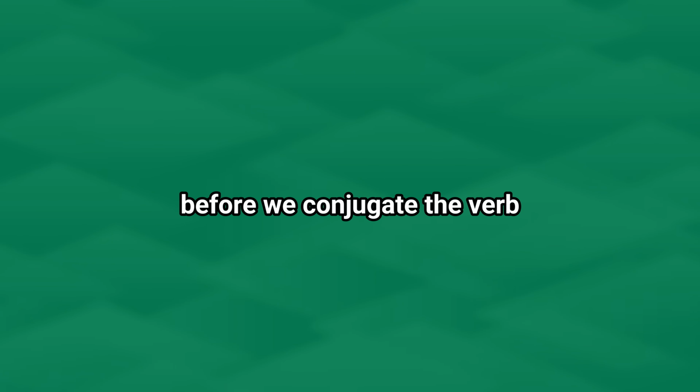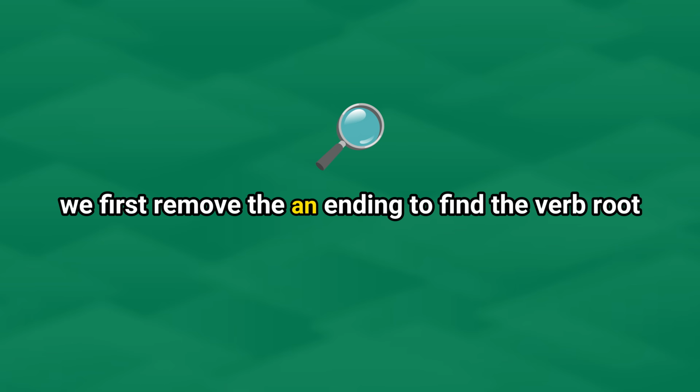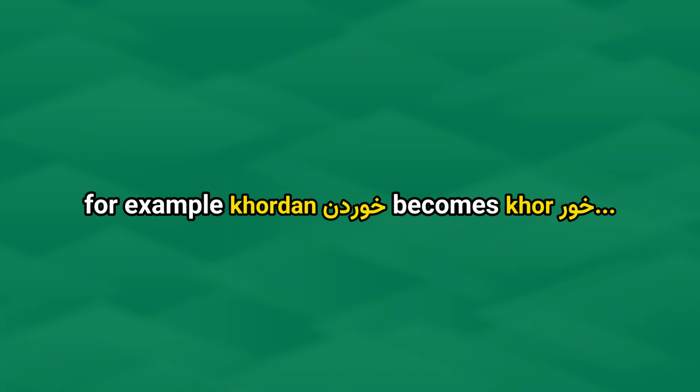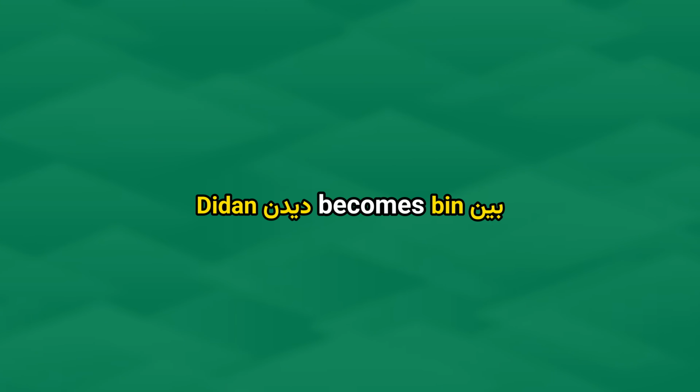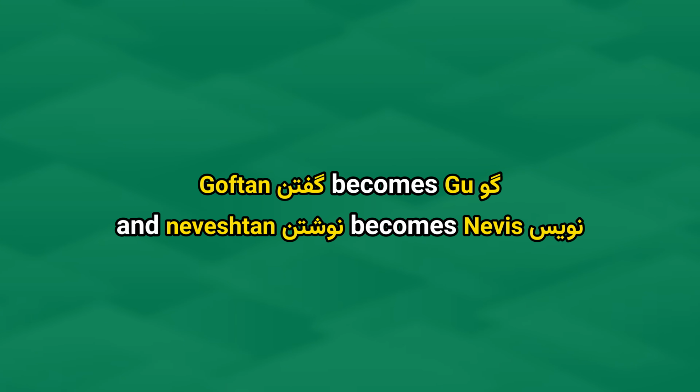Before we conjugate the verb, we first remove the an ending to find the verb root. For example, khordan becomes khor, raftan becomes rav, khwandan becomes khan, didan becomes bin, گفتن becomes گو, and neveshtan becomes nevis.